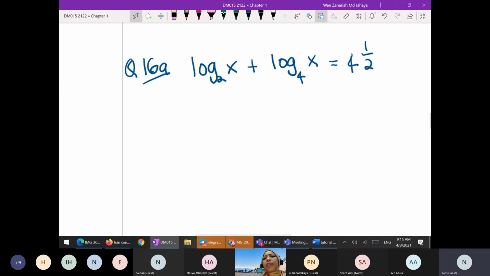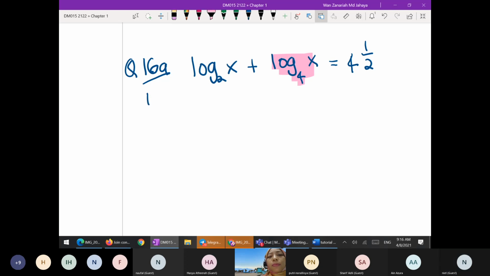Okay. So your attention, we want to change this term, because we want to solve for x. Satu kesilapan bila equal dekat tengah, tepi tak boleh equal lagi.